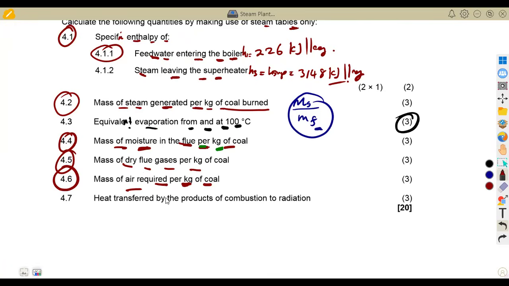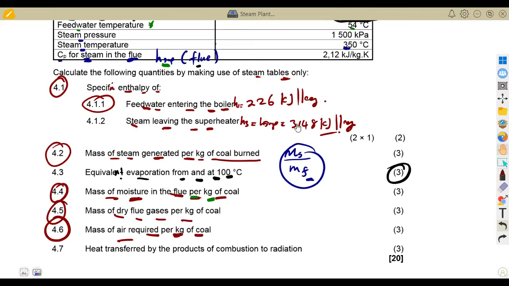So where are we going to get the mass of air required? We have to check according to our information, guys. Which one is going to give us the mass of air from this part that we have? Let me take you back to our information.